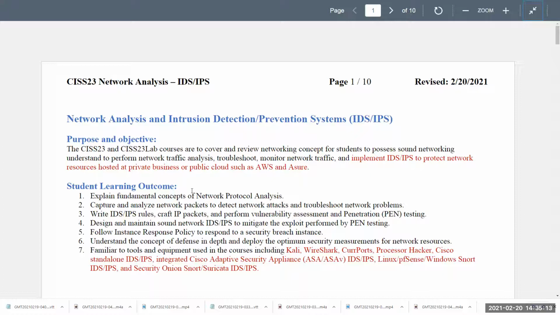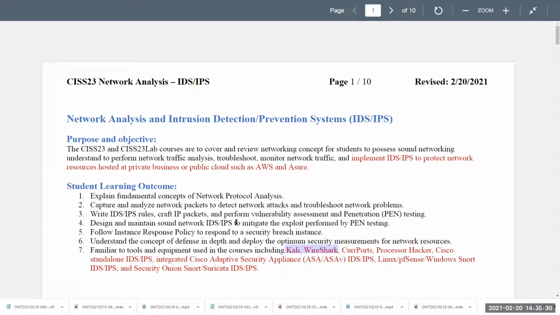And the learning outcome objectives, the most important one I'm going to cover here is we want to cover in the whole course, including using the vulnerability assessment tool, Kali, Wireshark, to do the network analysis as a troubleshooting tool.